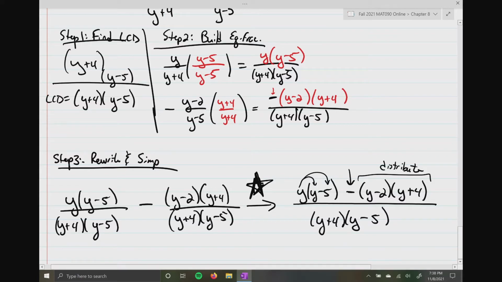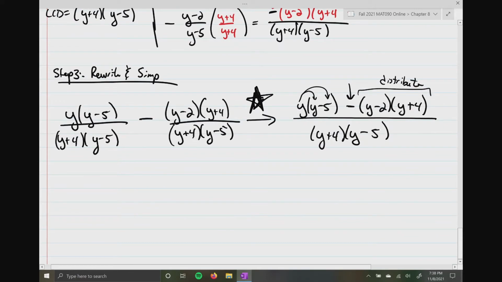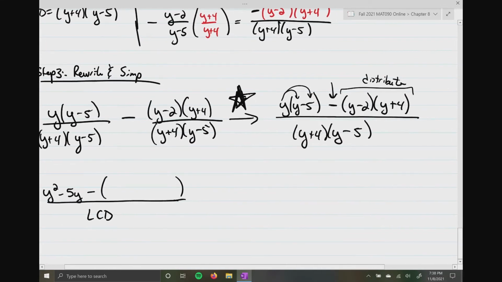You've got to be careful about this step, okay? So what I'm going to do here is just write LCD again, and I'm going to go ahead in the numerator and just distribute. So I get y squared minus 5y minus parentheses. I'm going to put a big set of parentheses here. And then off to the right, I'm just going to move this over.